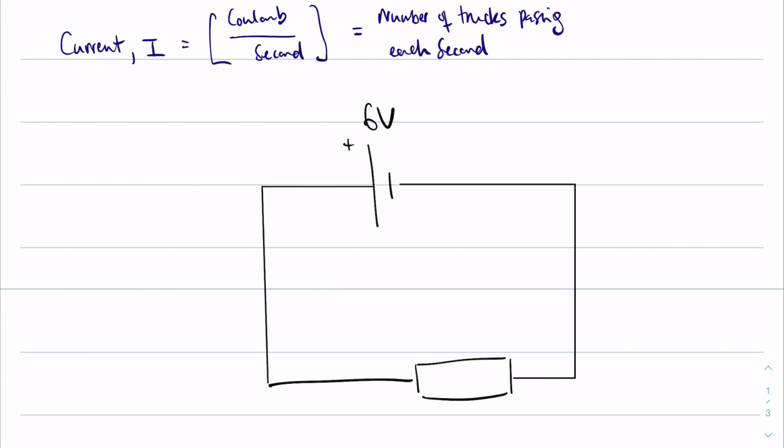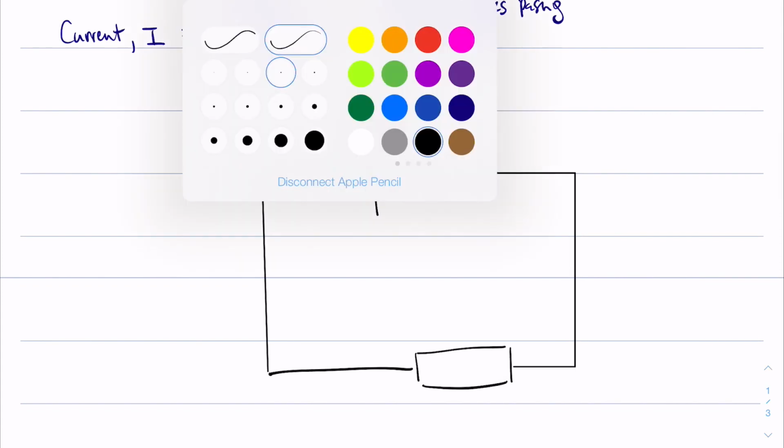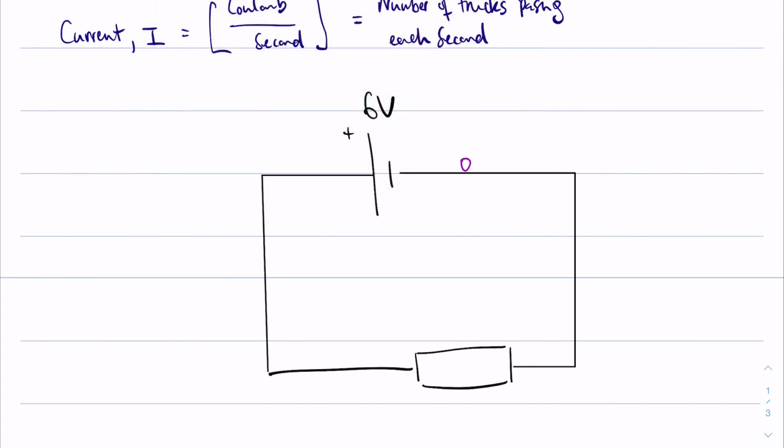Okay, there we are. Here's my circuit. My little charge truck is going to get some energy from the battery. It has 6 joules per Coulomb truck, per charge truck. So that 6 in the back of the truck is the amount of energy. It flows around the circuit, round it goes, and it gets to this resistor here.